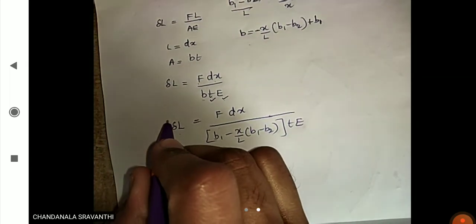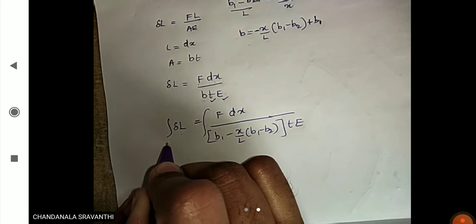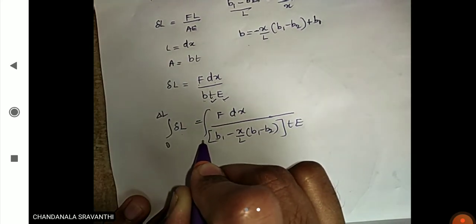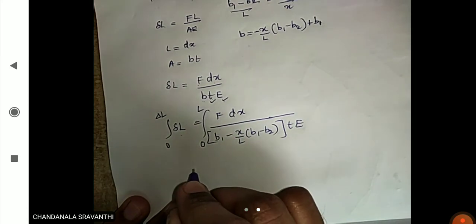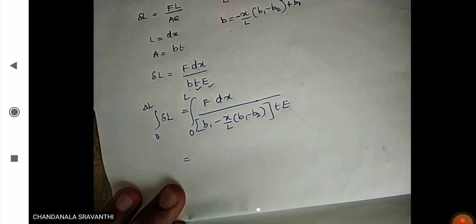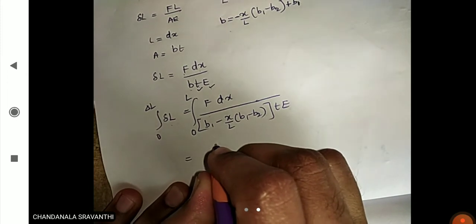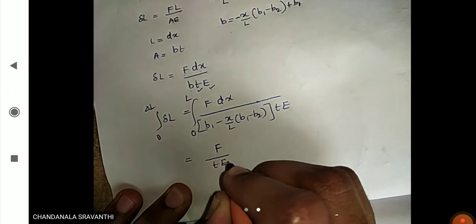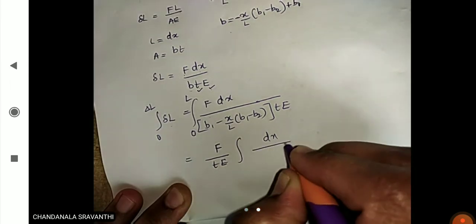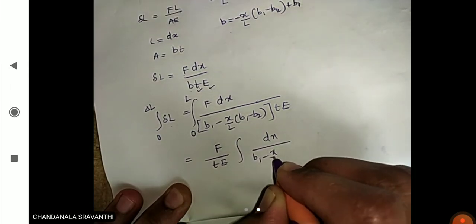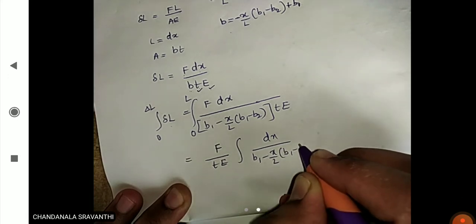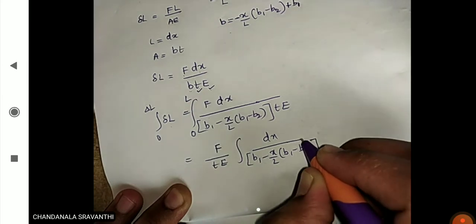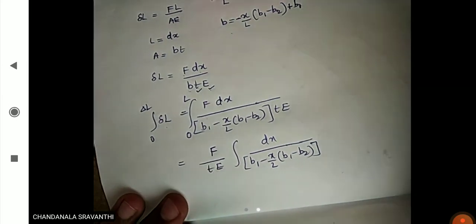So now do the integration part. Delta L goes from 0 to delta L, and x varies from 0 to capital L. Take the known and constant values outside the integral. So this will be F by T E times the integral of dx by (B1 minus x by L into (B1 minus B2)). Now the integral of 1 by x is log x.